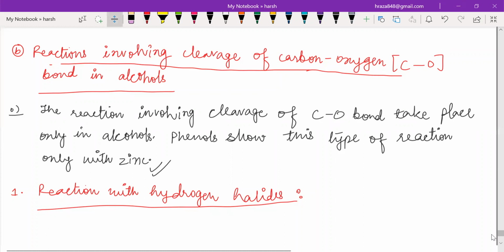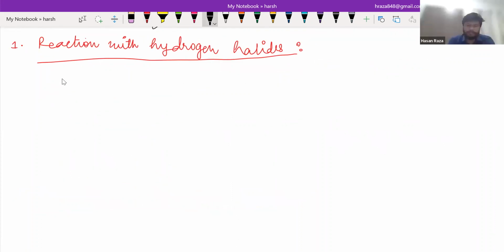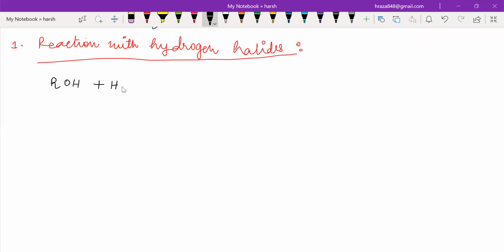What happens here is very important, and we have already learned about this in a previous chapter. That is Lucas reagent. Do you remember Lucas reagent? Yes, sir, I remember. Okay. So this is alcohol reacting with hydrogen halides. You can see there will be bond breaking.